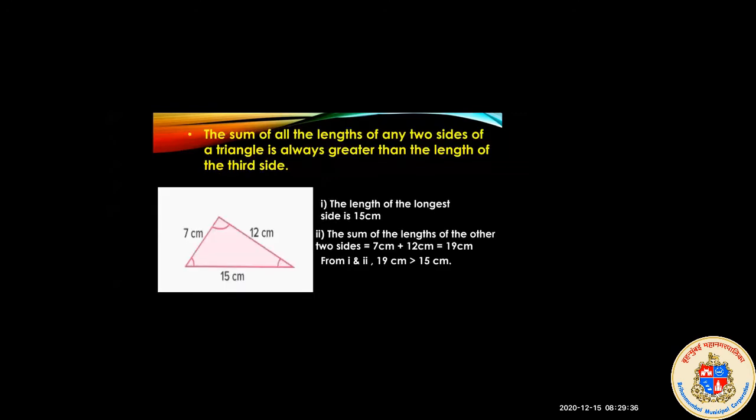What is the second property? The sum of the lengths of any two sides of a triangle is always greater than the length of the third side. This property should be there. If the third side is not comparing properly, then we cannot draw a triangle.